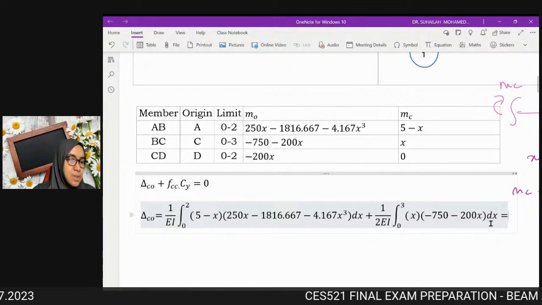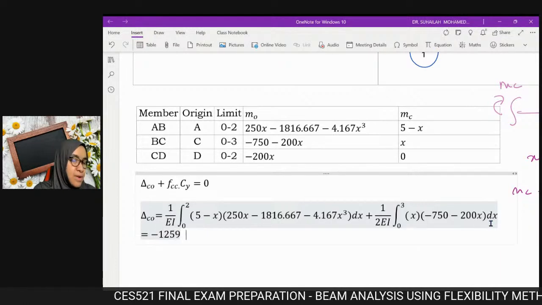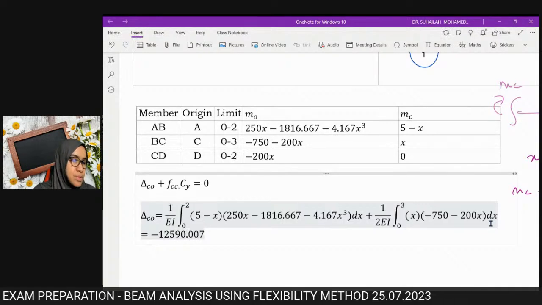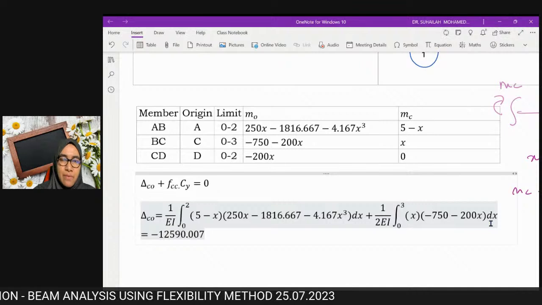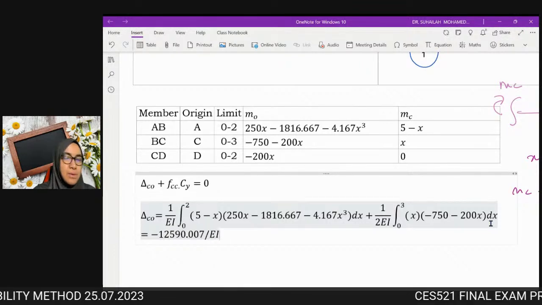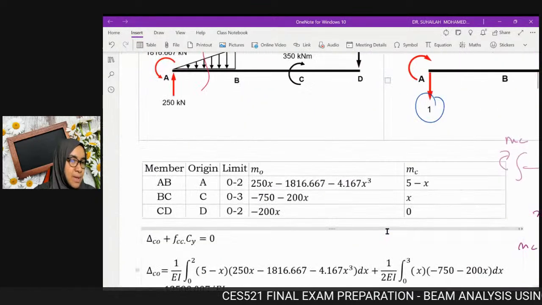So it is negative 12590.007. Okay, we divide by EI.